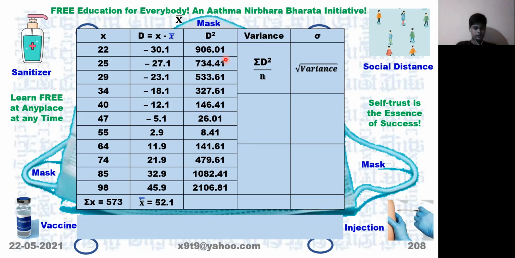And next, 27.1 whole square is equal to 734.41. Then 533.61. Correct. 327.61.